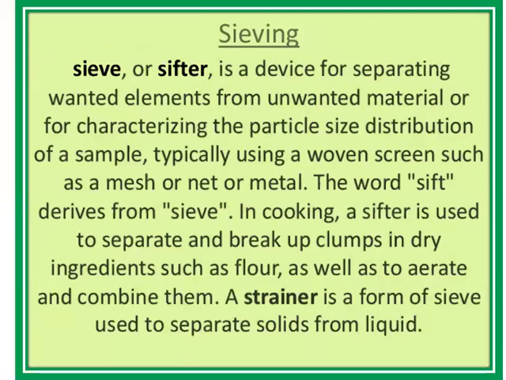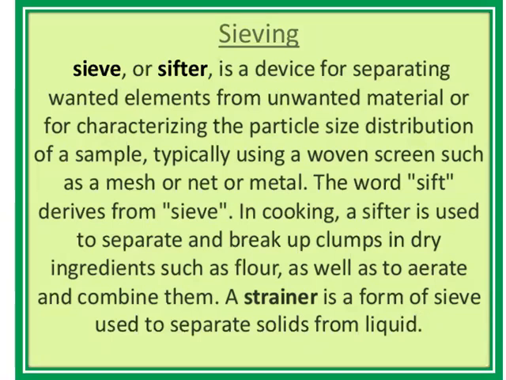Sieving. A sieve or sifter is devised for separating unwanted elements from the wanted material or vice versa, or for characterizing the particle size distribution of a sample, typically using a woven screen such as a mesh or net of metal. The word sift derives from sieve.